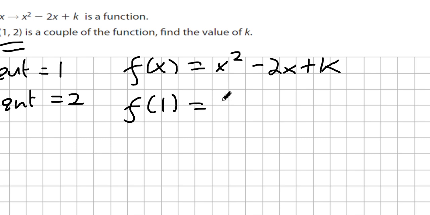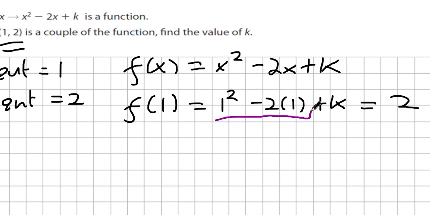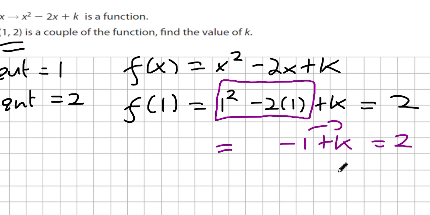Anywhere there's an x, replace it with 1, and put the answer equal to 2. Now, throw this into the calculator. What do you get if you put that into the calculator? Anybody? 1 take away 2? Minus 1 plus k equals 2. Bring the minus 1 to the other side. 2 plus 1. k is equal to 3.